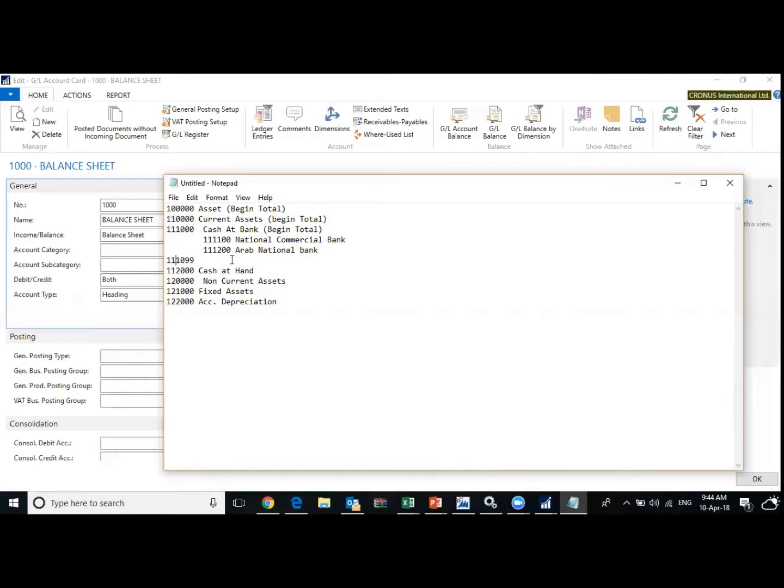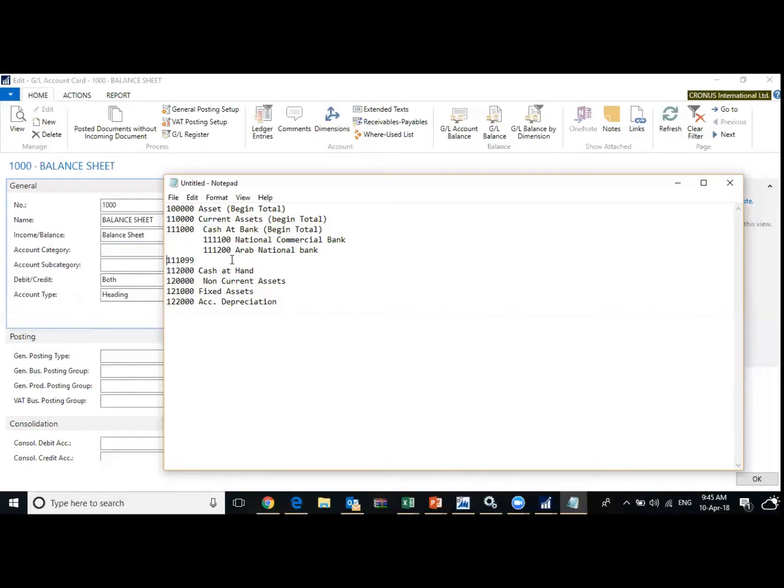Okay, but you're giving a margin that if more accounts need to be created in this group, for example after Arab National Bank, you create more accounts, then you can have it until 099. Okay. So here, what I'm going to do is make it 0. No issues. So this will close this group.